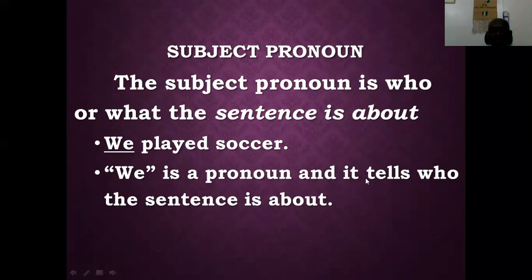The subject pronoun is always seen at the position of the subject of a sentence. Now look at the example on the board. We played soccer. We is a pronoun and it tells who the sentence is about.